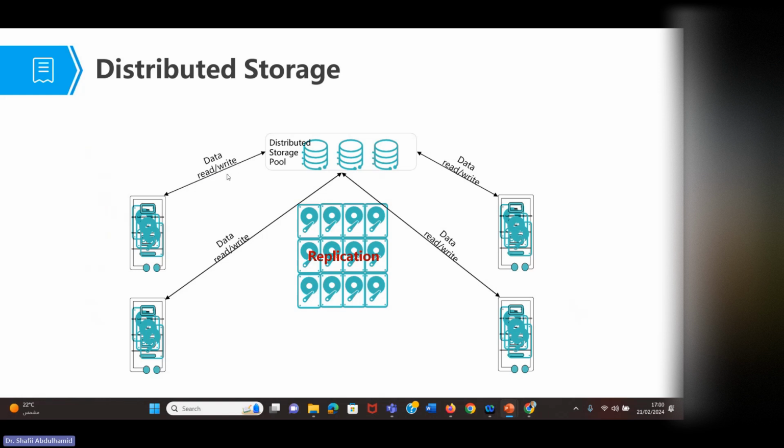Data read and data write. Another thing that we need to remember anytime we mention distributed storage is that the physical storage devices are not stored in the same place. They are stored in different locations, only connected through a network.